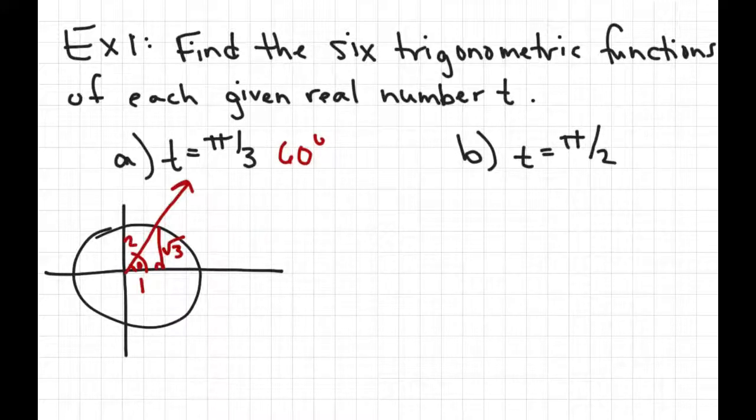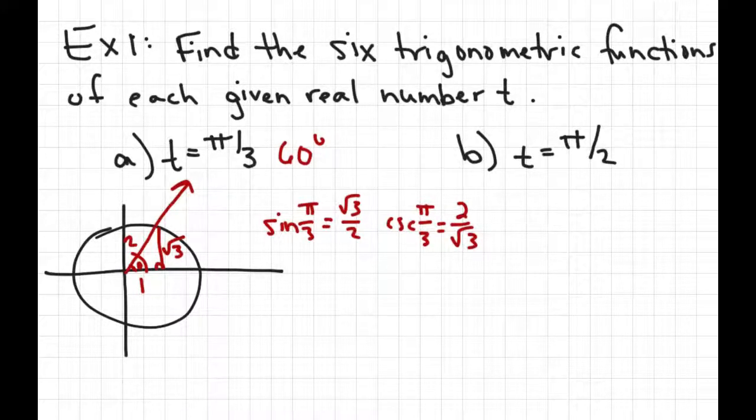So the 6 trigonometric functions are going to be: the sine of pi over 3 is equal to the square root of 3 over 2, because that's your opposite over hypotenuse. So your cosecant must be 2 over the square root of 3. Your cosine is going to be adjacent over hypotenuse, and its reciprocal is secant.